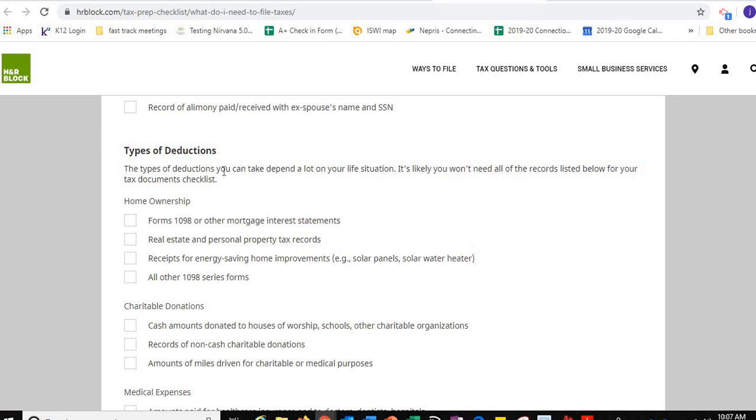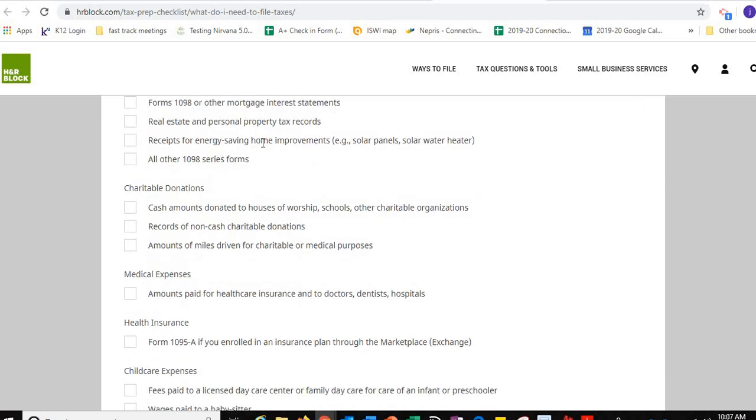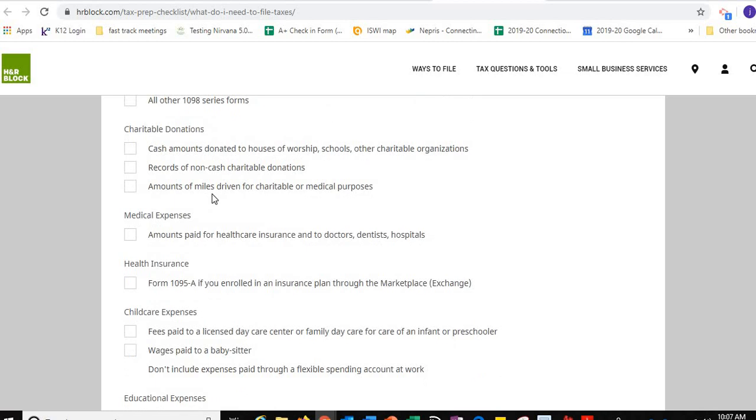In addition, we need to have information about any deductions that we might have. So if you're a homeowner and you have a mortgage, you're looking at how much interest did you pay, how much property tax did you pay, did you buy anything for the house, make some improvements, did you donate money or donate other items.